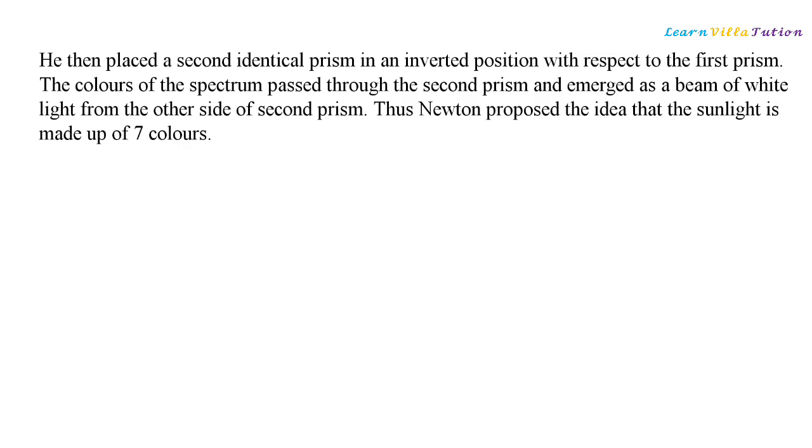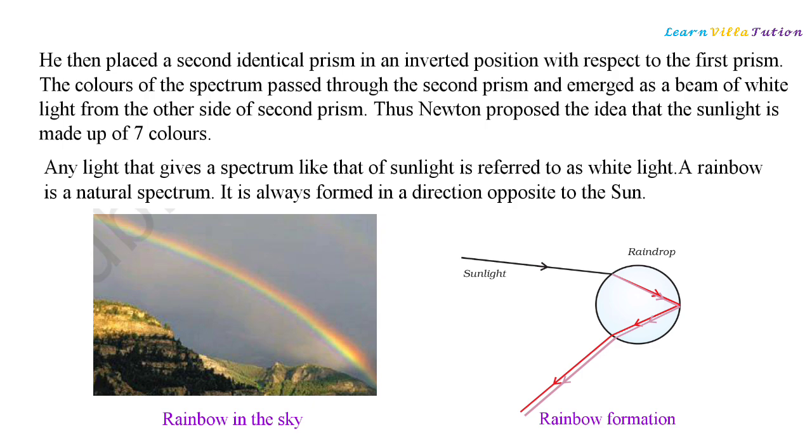The colors of the spectrum passed through the second prism and emerged as a beam of white light from the other side of the second prism. Thus Newton proposed the idea that sunlight is made up of 7 colors. Any light that gives a spectrum like that of sunlight is referred to as white light.